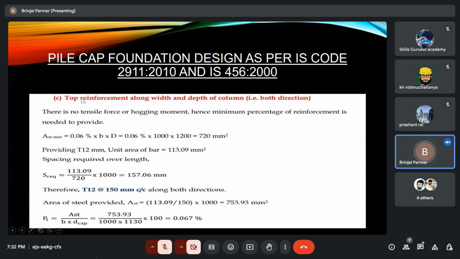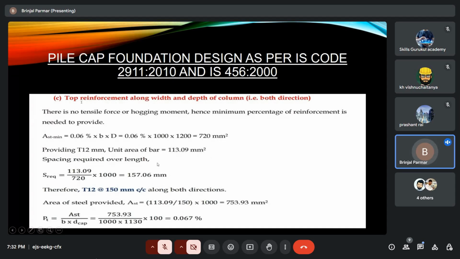Now we have to find top reinforcement along width and depth of column. There is no tensile force for hogging moment, so minimum percentage of reinforcement needs to be provided. So Ast minimum we get 0.06% into B into D, is equal to 0.06 percentage into 1000 into 1200, is equal to 720. Providing bar T12 mm, the unit area is 113.09.